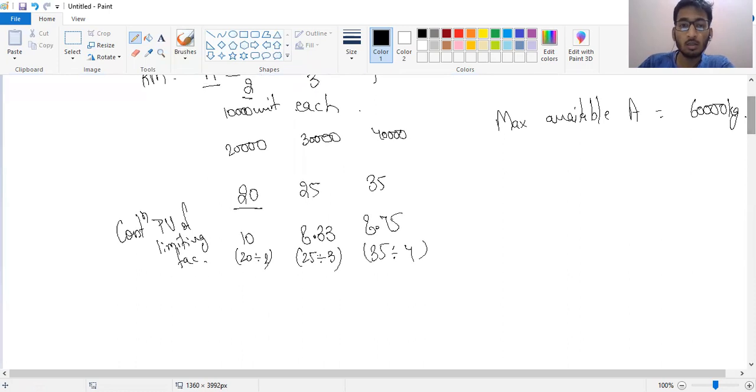Now see the sequence, the rank. Now what you need to do is rank all these 3 things.